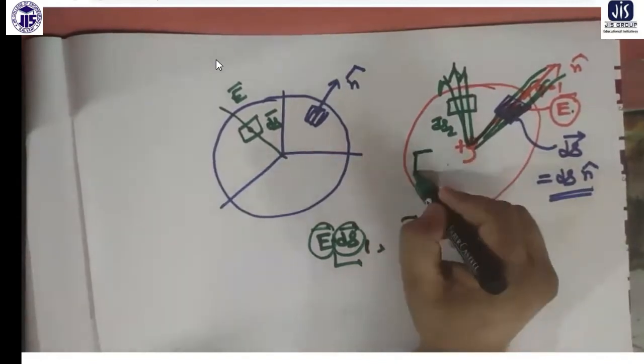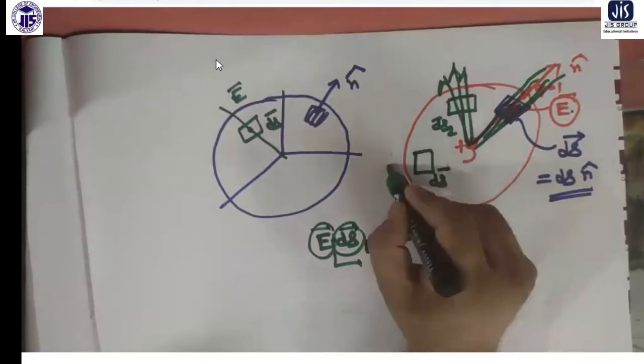If I consider any other surface area, say ds3, the unit vector is n cap.